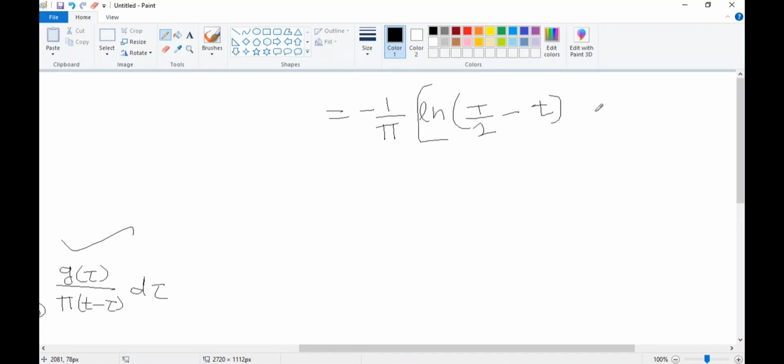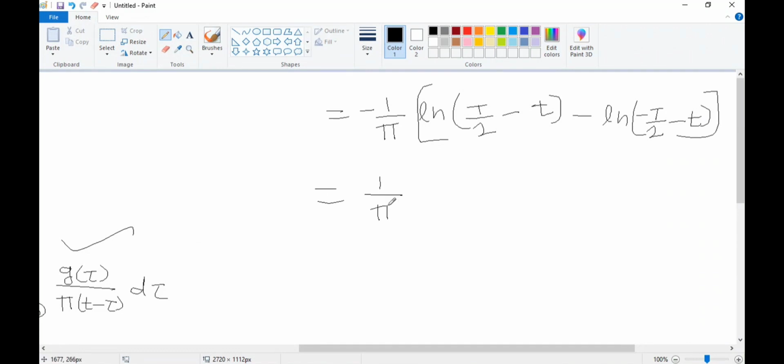Minus 1 by pi common minus ln of, then I need to substitute the lower limit. The lower limit is minus t by 2 minus t. Take this negative sign inside.